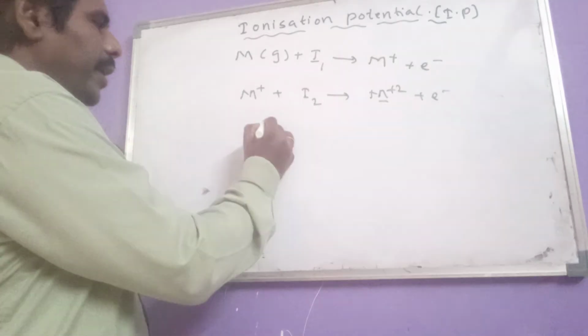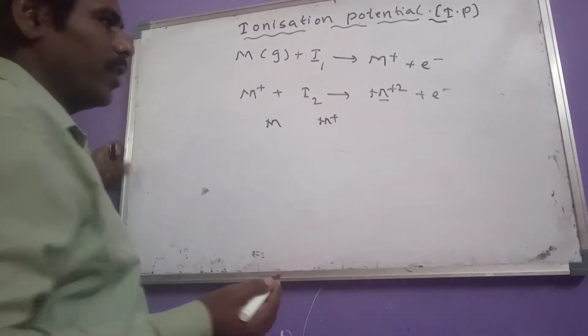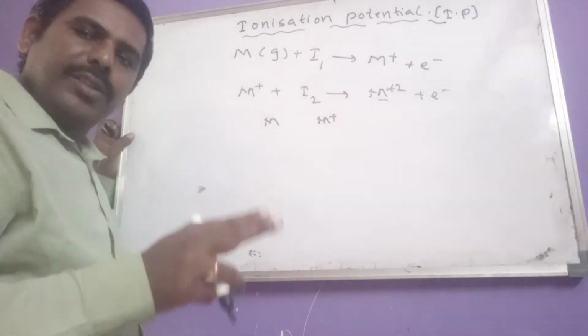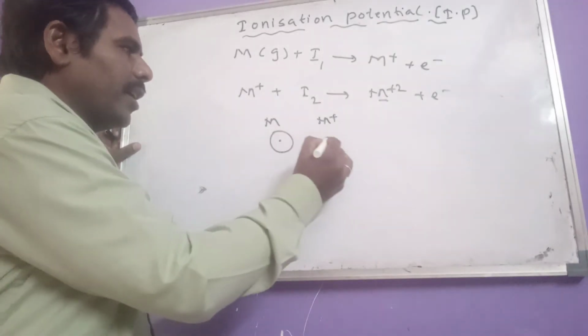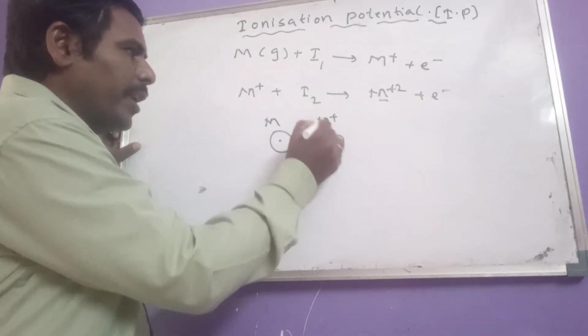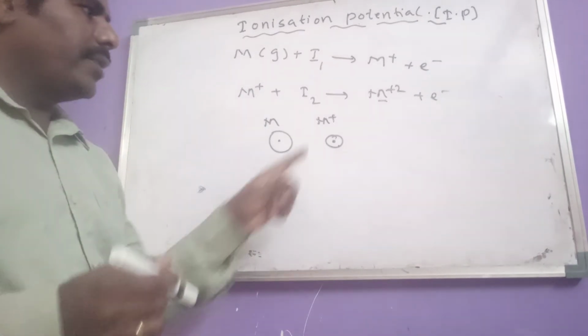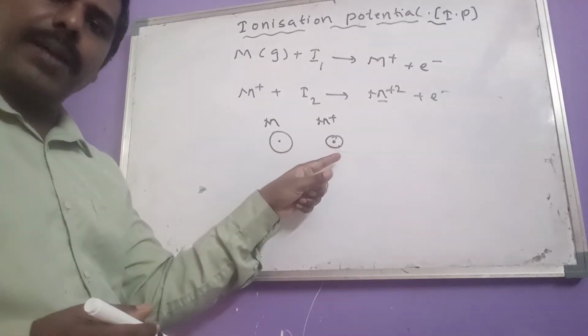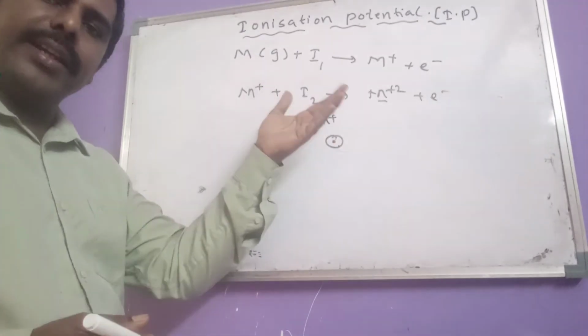If you compare a neutral atom and a unipositive ion, we may give two explanations. The neutral atom has a larger atomic size, but the unipositive ion has a smaller atomic size. As size decreases, nuclear attraction on the outer electron increases.